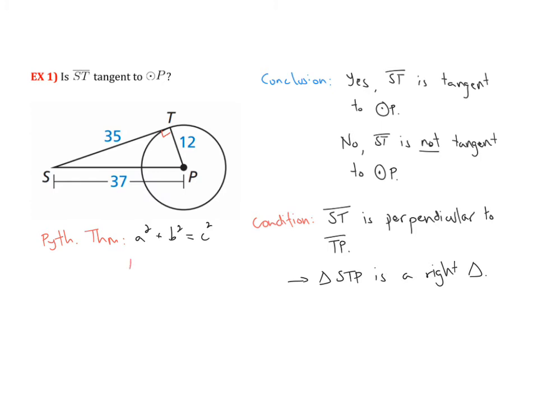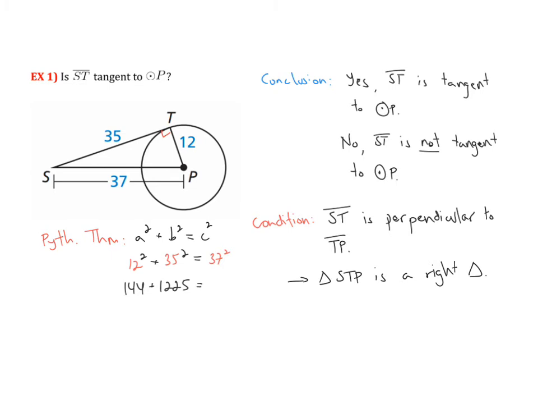And then 35 and 12 can go in place of a or b, and it doesn't matter which one is which. So I'll get 12 squared plus 35 squared is equal to 37 squared. We can go ahead and put this into a calculator. 12 squared is 144, plus 35 squared, which is 1,225.